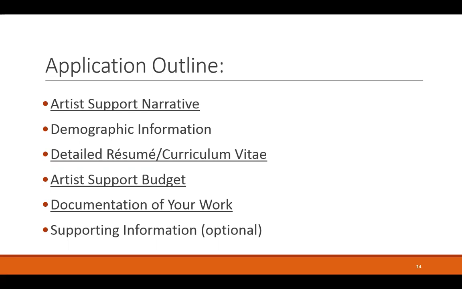Those 4 things that you see underlined are the required parts of an application, and they are what you will be rated on. The narrative, which is the only written section, is an opportunity for readers to get to know you. The resume or CV is just a file. I mean, you all, I would think, know what I mean by that.